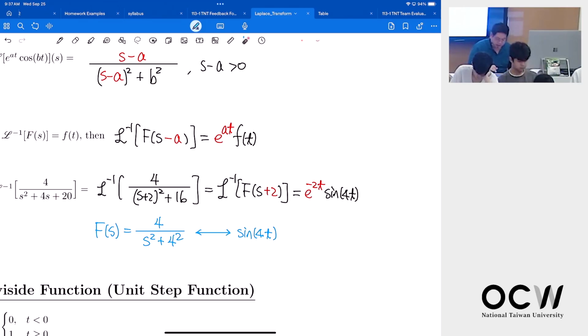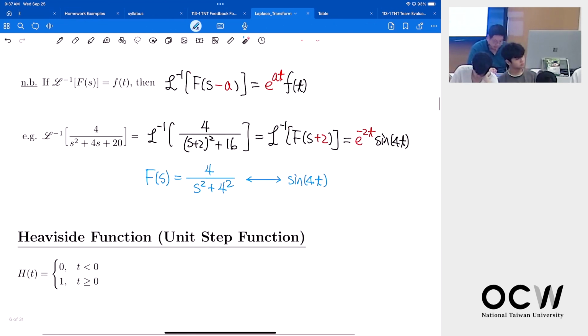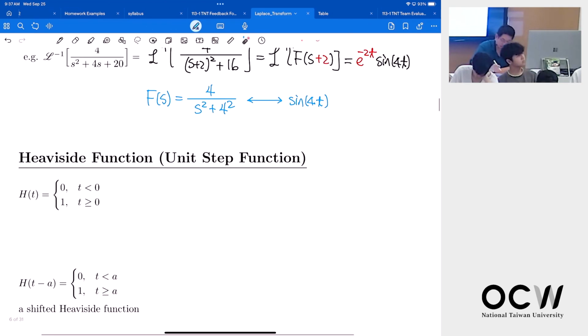No? Then next one, we need to learn what is the Heaviside function, or sometimes you will see this called the unit step function. Here is the definition of the Heaviside function. When t is less than 0, nothing. But once t is greater than or equal to 0, then it is always 1.